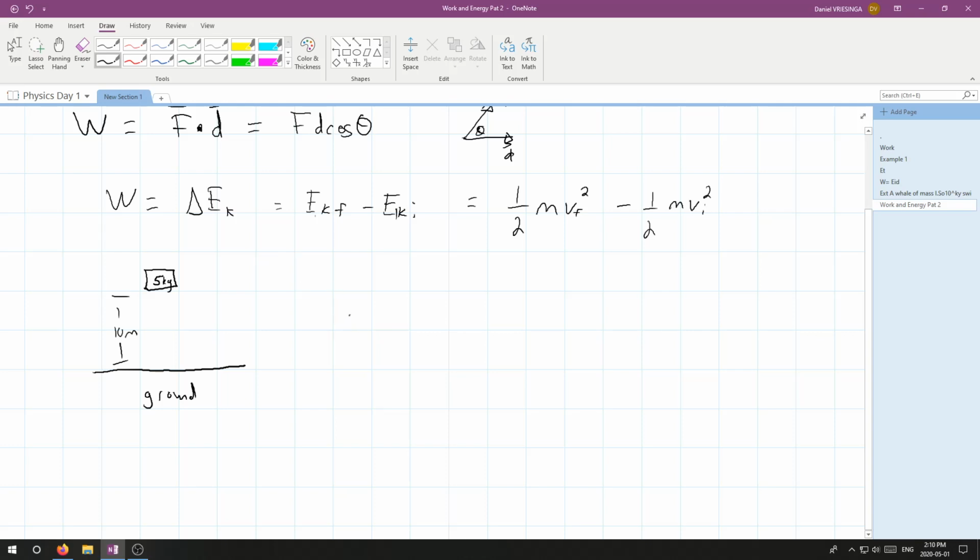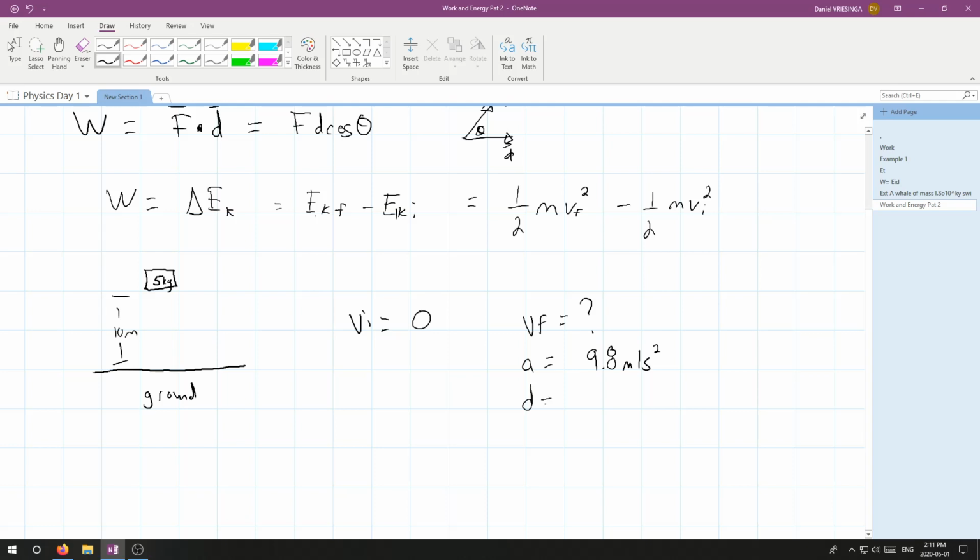So what is the initial velocity of that block? It's 0. The final velocity we don't know. We do know the acceleration is 9.8 meters per second squared, down. I'll just say everything down is positive.